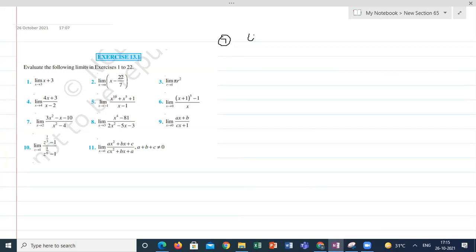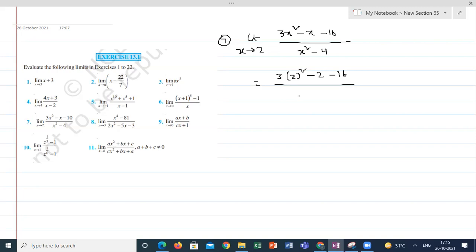Seventh one. Limit x tends to 2, 3x square minus x minus 10 divided by x square minus 4. If I am substituting directly, 3 into 2 square minus 2 minus 10 divided by 2 square minus 4.